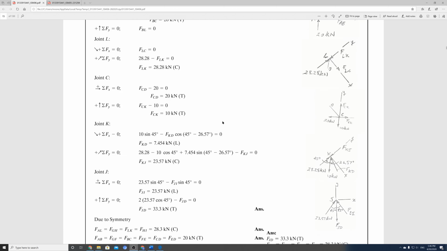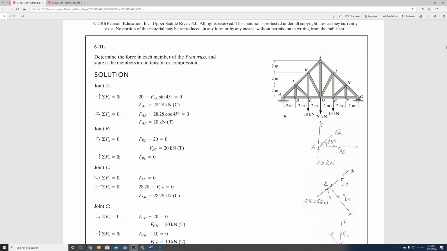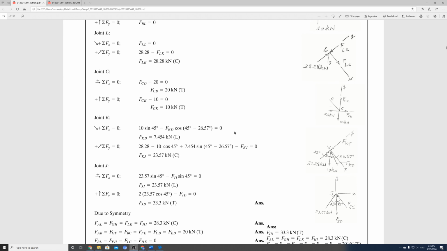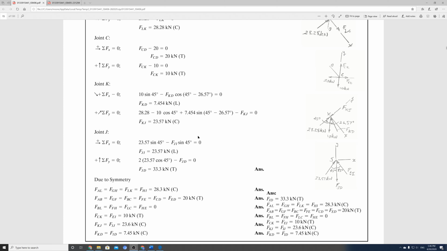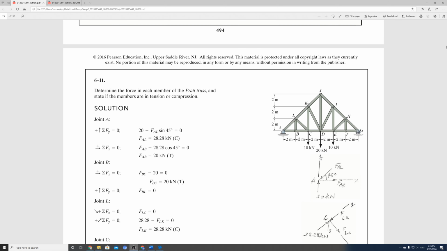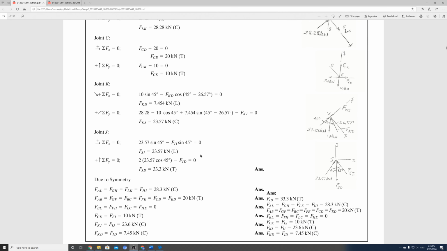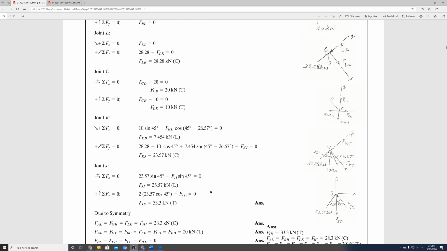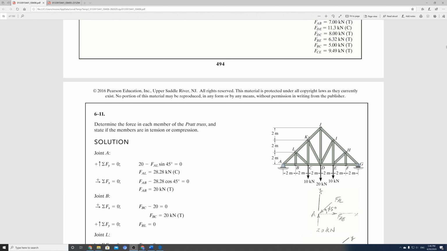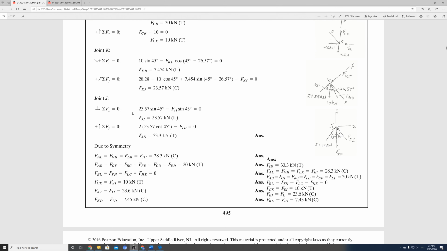The last one is going to be at joint J. At joint J, you're going to have something in the y direction, this member and this member going straight down. And the x direction was done first. So in the x direction, we're going to have an x component of this one and the x component of this one. So it's 23.57 sine of 45.